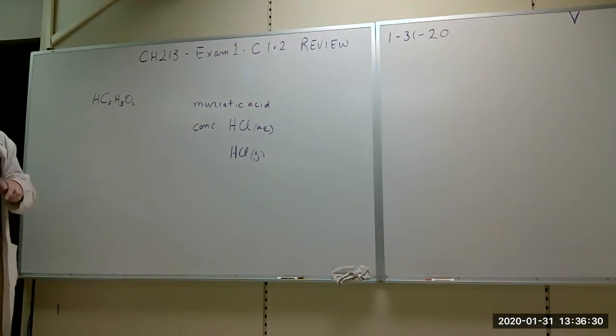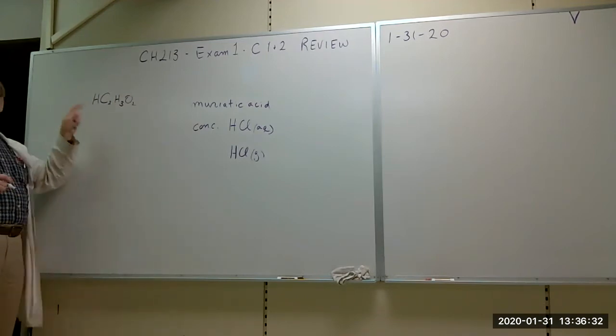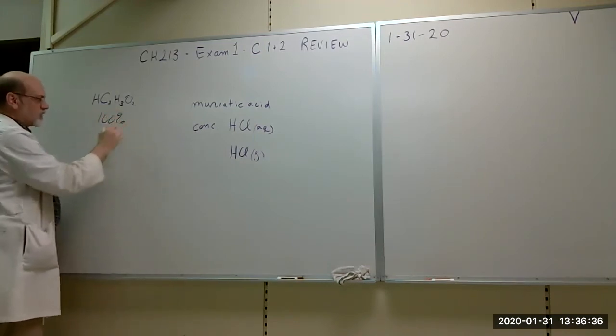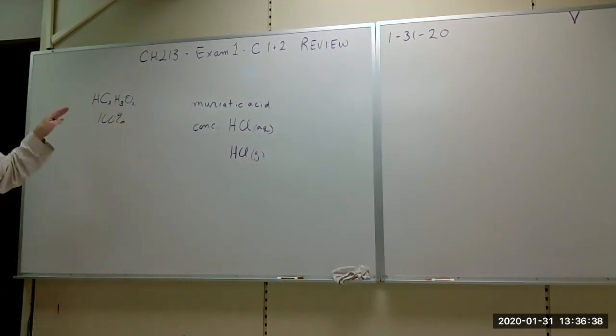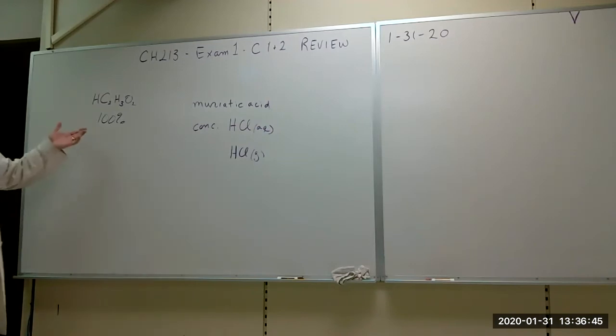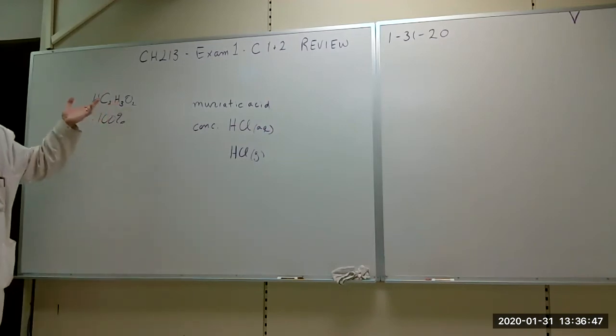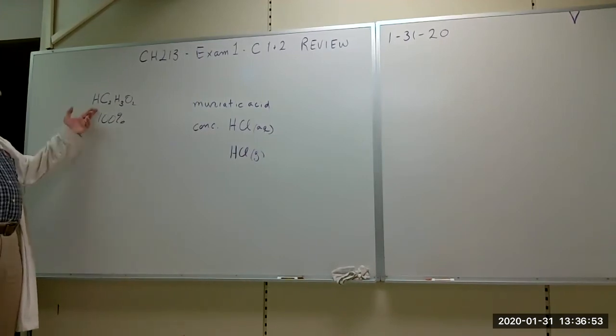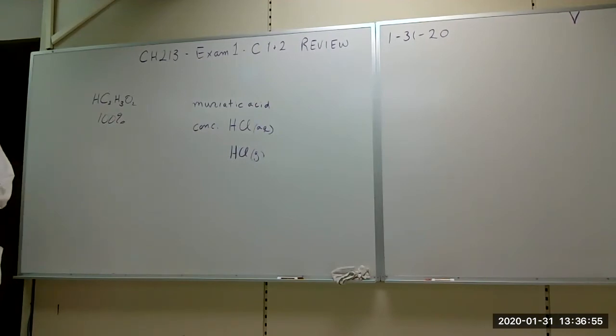But you can get acetic acid at 100% concentration, all acetic acid, no water. It's called glacial acetic acid. So in that case there's no water, but we still call it an acid, rather than hydrogen acetate.